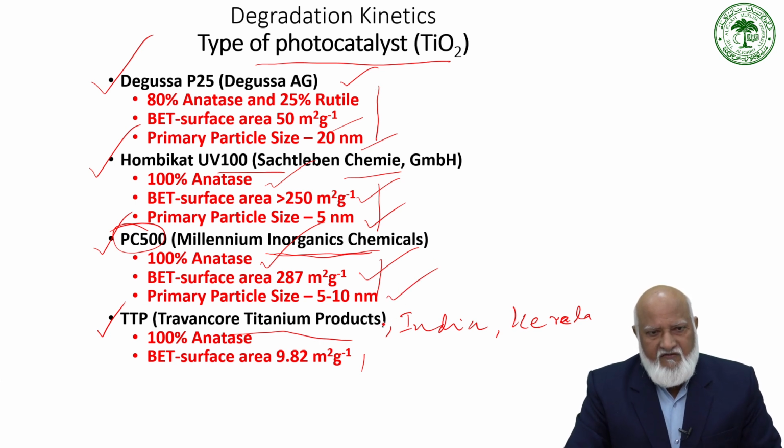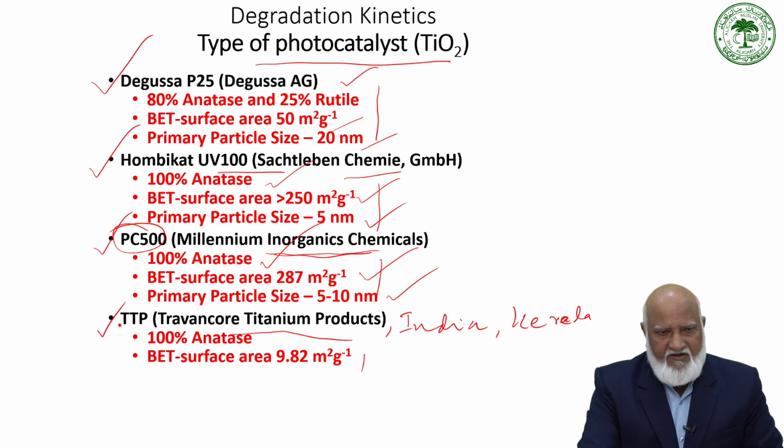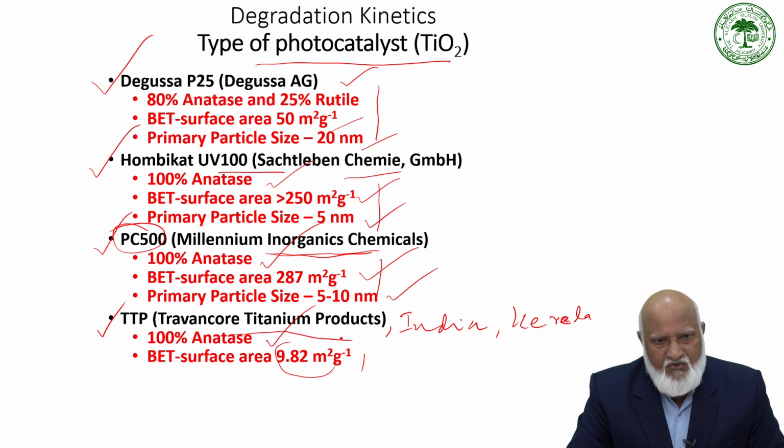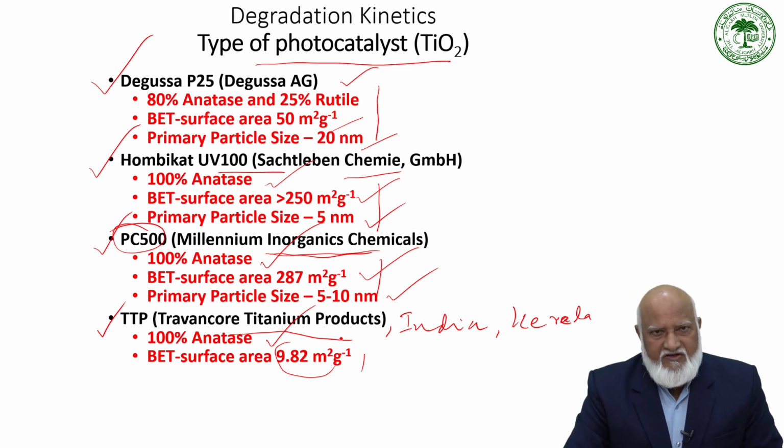On the other hand, the Travancore Titanium Products TTP sample from Kerala, India, is also 100% anatase, and its BET surface area is very low, around 9.82 square meters per gram.